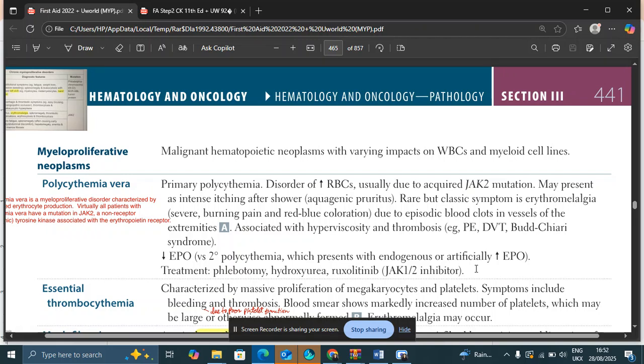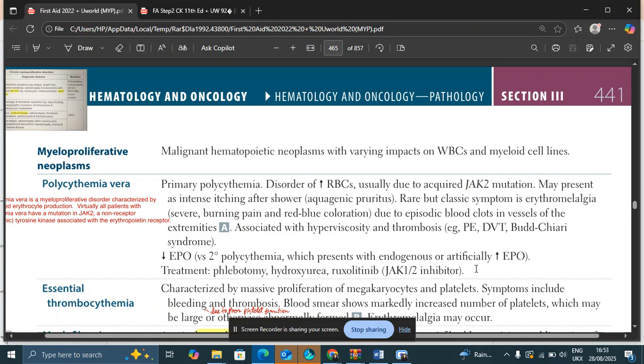Secondary polycythemia can happen due to one of two reasons. One is hypoxia, or second is an EPO producing tumor, with increased EPO secretion. So, secondary polycythemia is further divided into two categories. One is due to hypoxia, for example, hypoxia due to lung diseases, obstructive sleep apnea, high altitude, or heavy smoking.